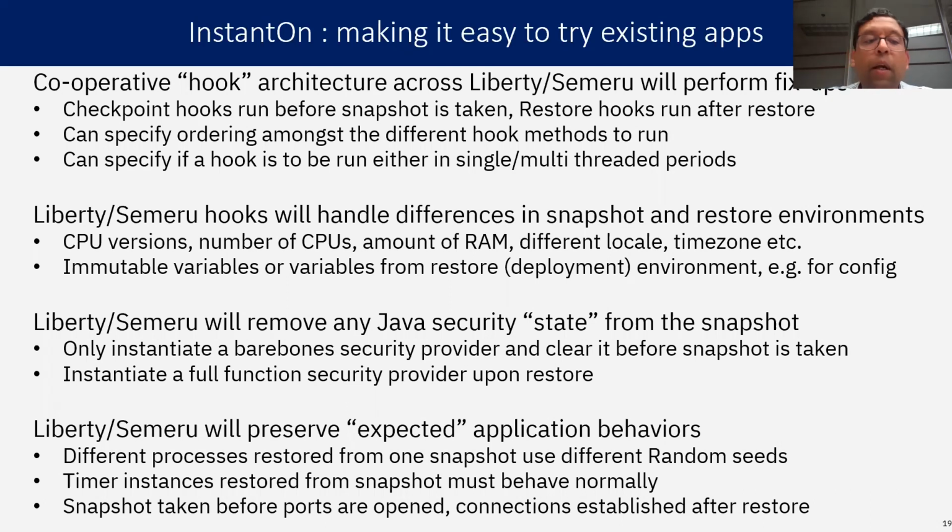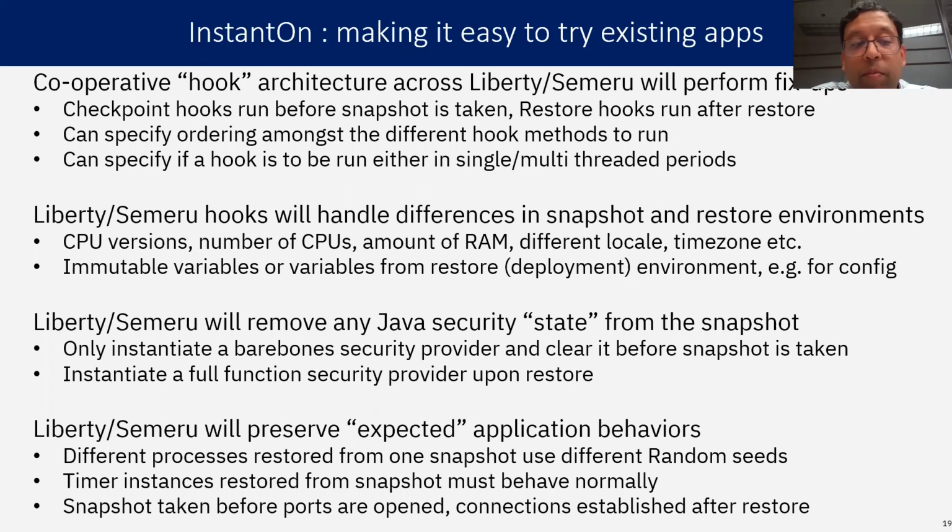Environment variables is a big one. This is where working with a real-world framework like Liberty really benefited us, in that you need ways of specifying configuration parameters at deployment time. If you're using a framework, you may need to specify some environment variables that are unique to the deployment environment you're in. So we allow you to do this.